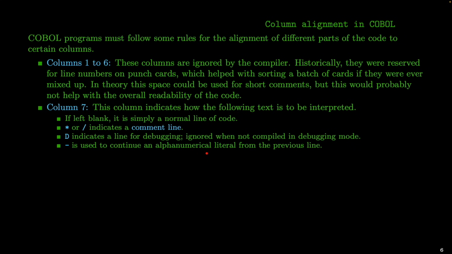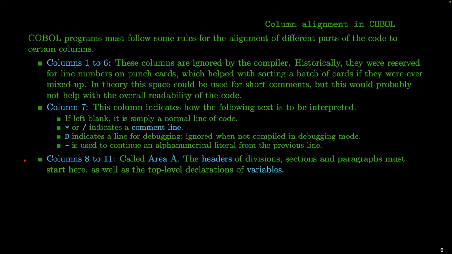Since we have a strong limitation in the length of the lines in COBOL code, if we would exceed the column 73 limit in one line, then we could continue that line using a dash in column 7 on the next line.